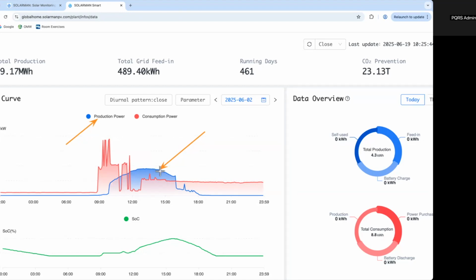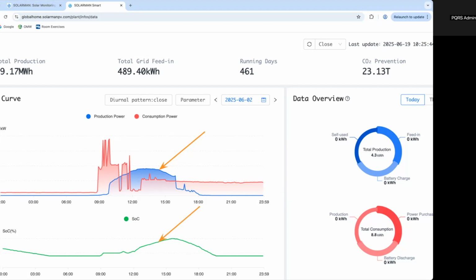What we can see is that this first orange line I drew kind of runs along with the battery charge rate.